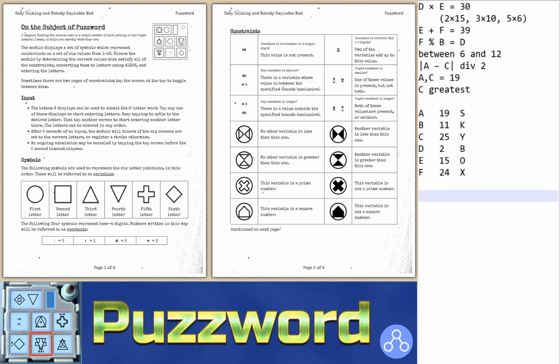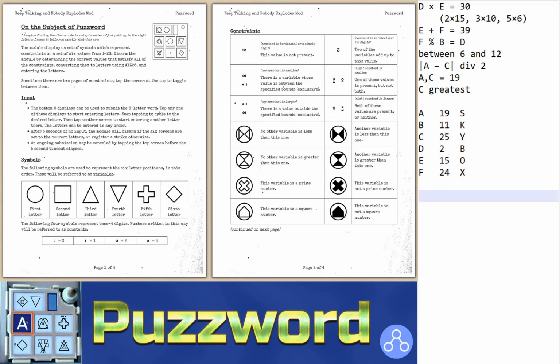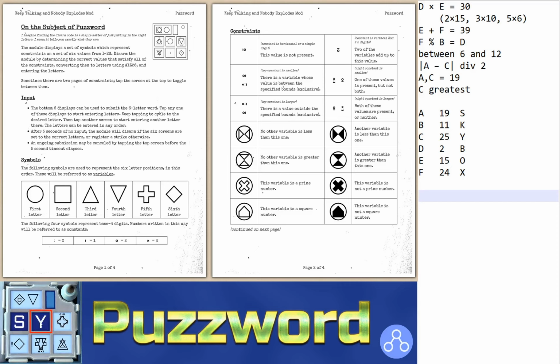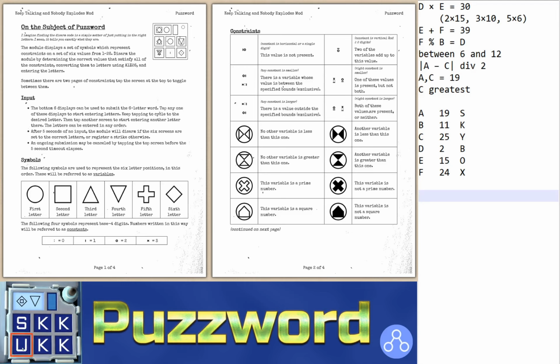I'm just going to enter it the naive way, which is to click on the first screen and then cycle to the letter. But you can easily see that this takes a lot of cycling. But you may have noticed that now I'm at Kilo, so if I click next screen, it starts at Kilo again. So I could, in theory, set all of these to Kilo, and then I can still change them later.